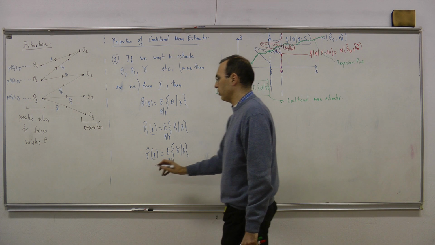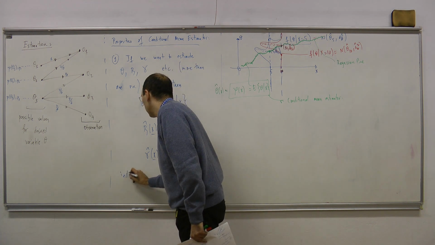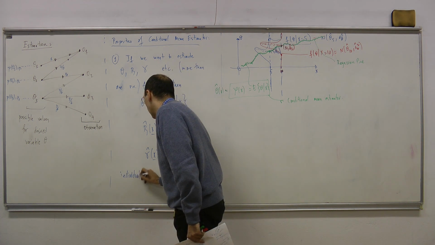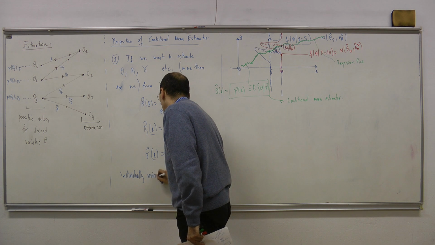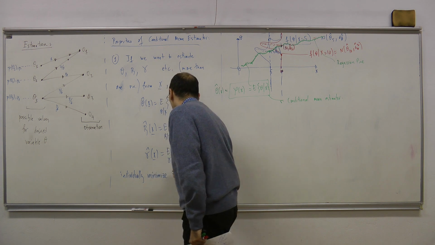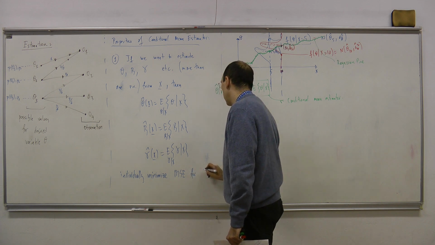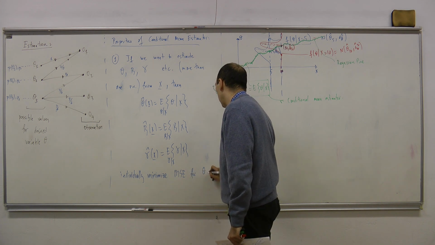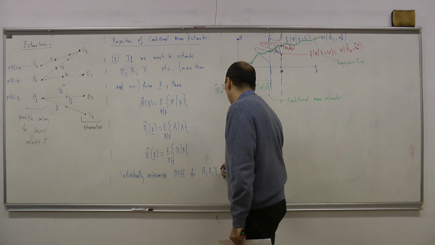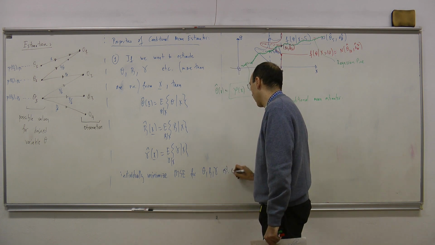So they individually minimize MSE for, let's say, theta, beta, and gamma estimation error.